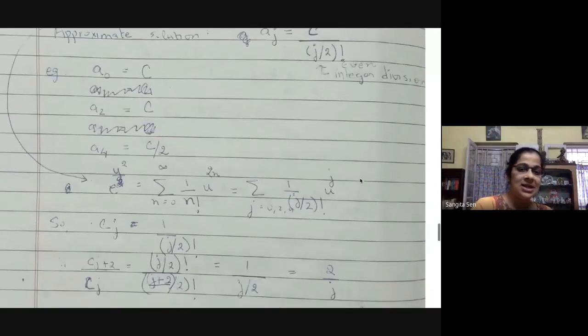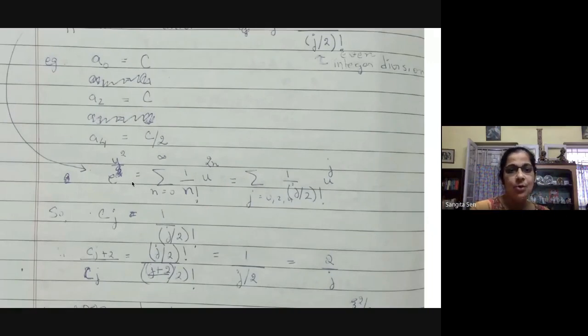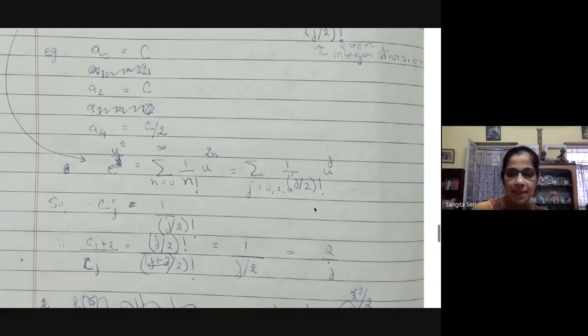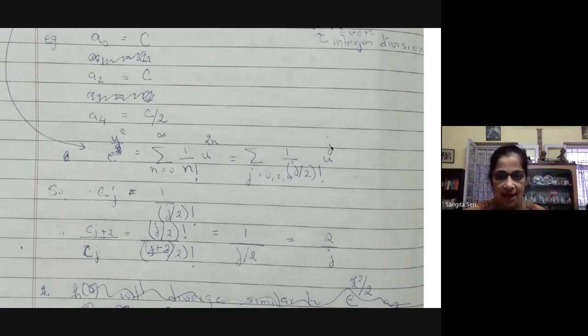To do that, we look at how you express an e to the power u squared function. If you look at e to the power u squared, then the series expansion is the sum over n equal to 0 to infinity of 1 by n factorial u to the power 2n. Now if I change the variables from n to j, where j runs only over the even numbers, j equal to 0, 2, 4 up to infinity, and n I write as j by 2, then 2n becomes j.